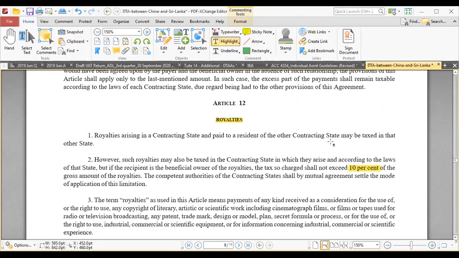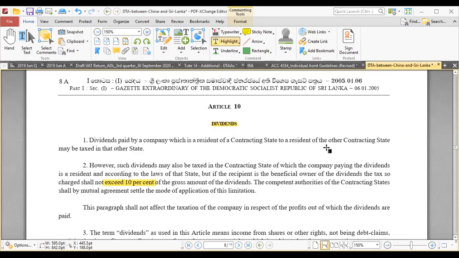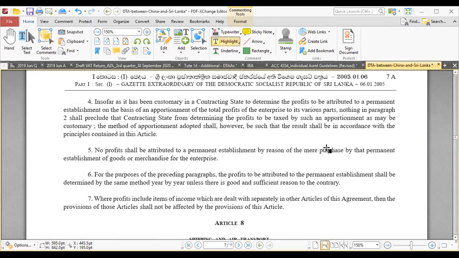In the case of technical service, if a Chinese technician comes into Sri Lanka and does any technical service, we need to decide whether there is a PE or not. If there is a PE, such profit is taxed under the business profit article. If the technical service does not create a PE, with no fixed space and not exceeding 180 days, then the service PE does not apply.